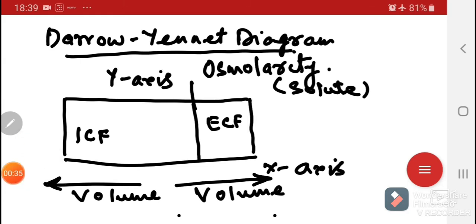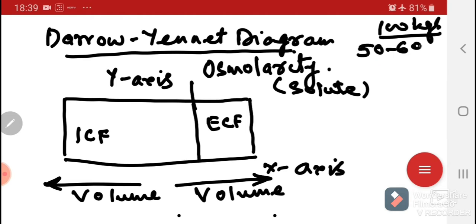Now assuming, for the sake of simplicity, that we have a person who weighs 100 kgs, we know that total body water is 50 to 60% of the weight of the body. So assuming 60% of the body weight to be body water, we get 60 liters of total body water.